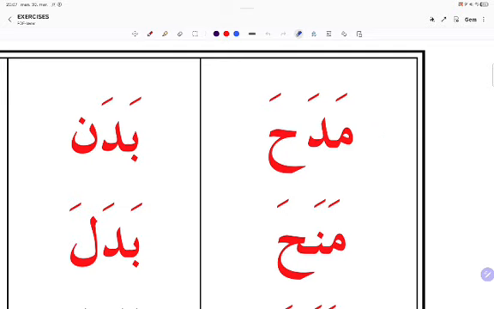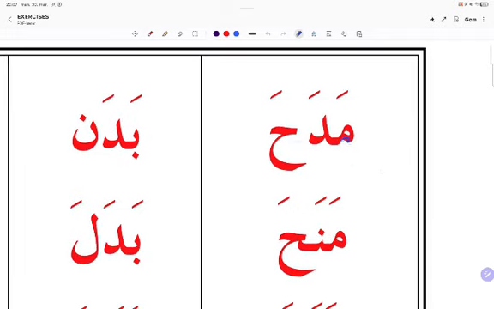So if you have to figure out, okay, it looks mostly like meem, but if you are still unsure, then we can use the rule which says 6 letters cannot be joined together from the left. And this one is joined together from the left. Which 6 letters cannot be connected from the left?